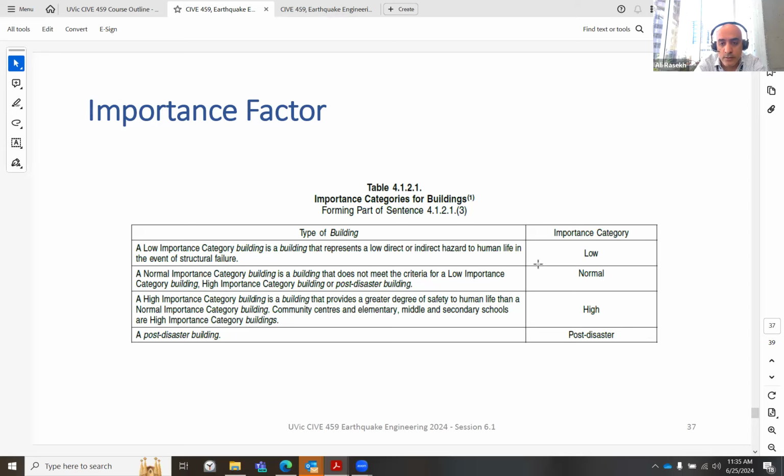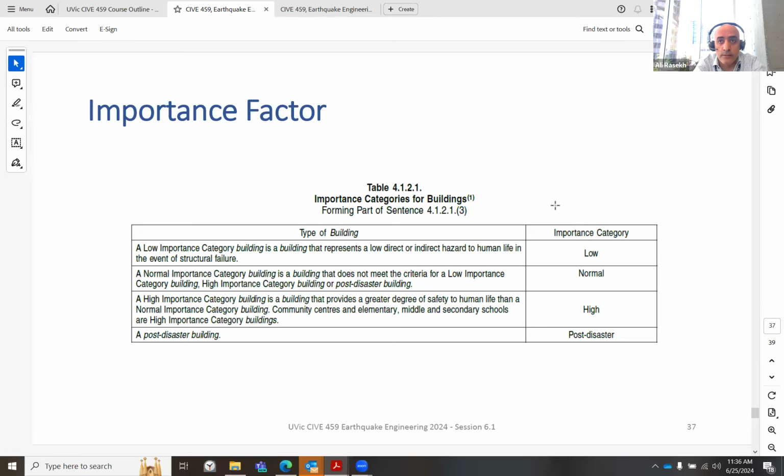But in category, yeah, we pay attention that maybe local regulations override. Like I have quoted NBCC, but you guys at least should look at the BC Building Code. I don't think so, but it's possible. It's not impossible that they have overridden this.